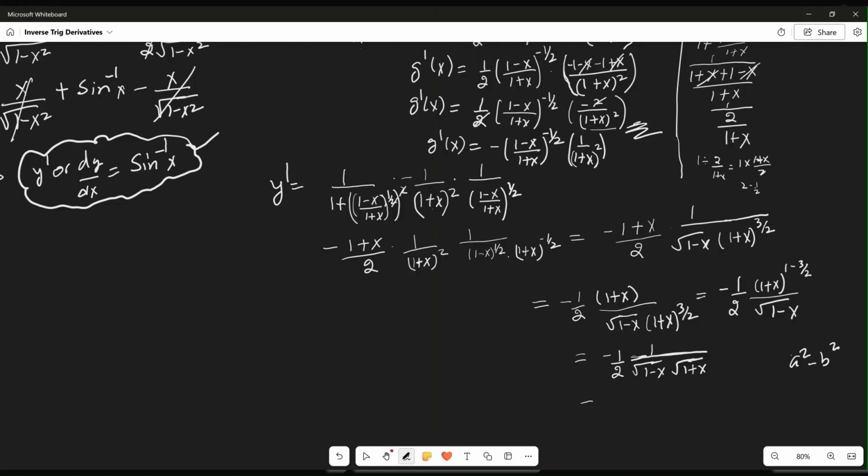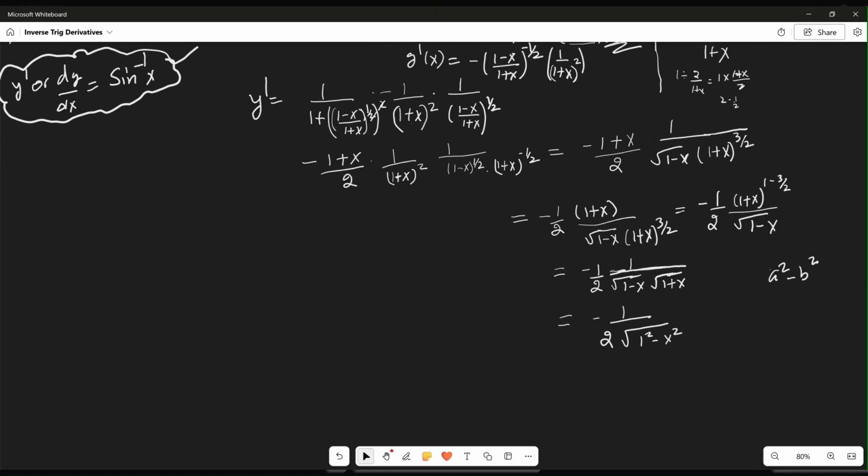So this becomes negative 1 over 2, 1 square minus x square. And we ended up derivative of this function is negative 1 over 2, 1 minus x square, because square root of 1 is 1. And here is your answer.